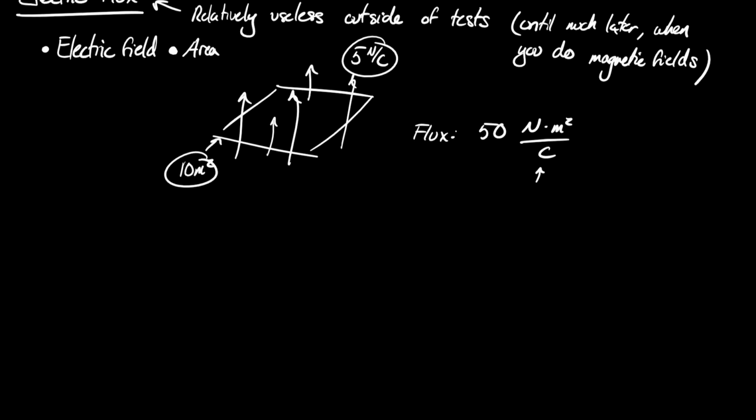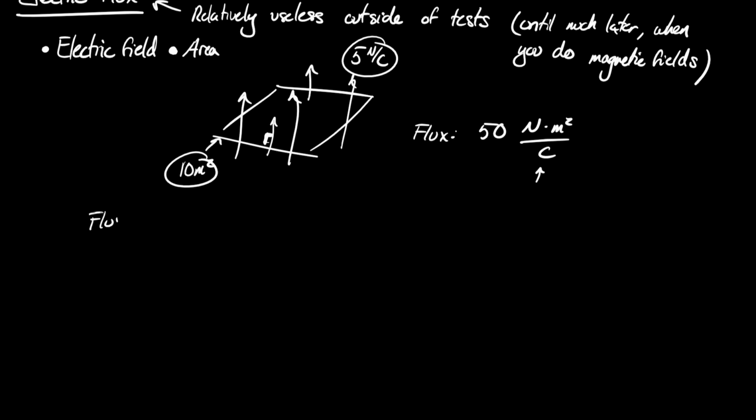Another note, just because you might see it on a test, if the lines aren't perpendicular to the surface, you're going to have to multiply by the cosine of the angle between, or actually, would it be the sine? Let's see, we can work it out. When the angle is 90 degrees, you get the full strength. So that means it should actually be sine.